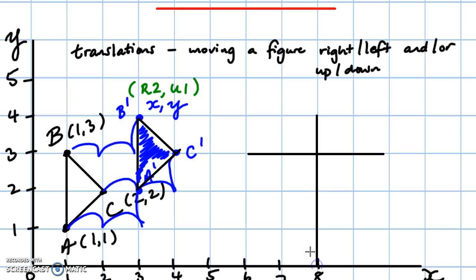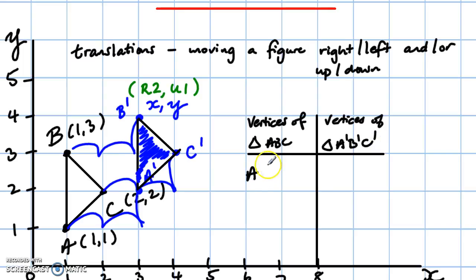Okay, so on the left side, we're going to have the vertices, or the ordered pairs of triangle ABC, and on the right side, we're going to compare it with the vertices of triangle A prime, B prime, and C prime. Remember that original A is at (1, 1). Please make sure you write this in brackets.